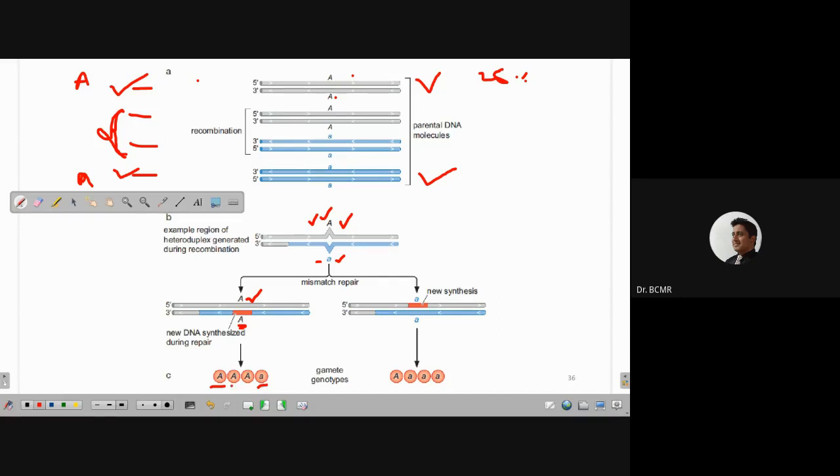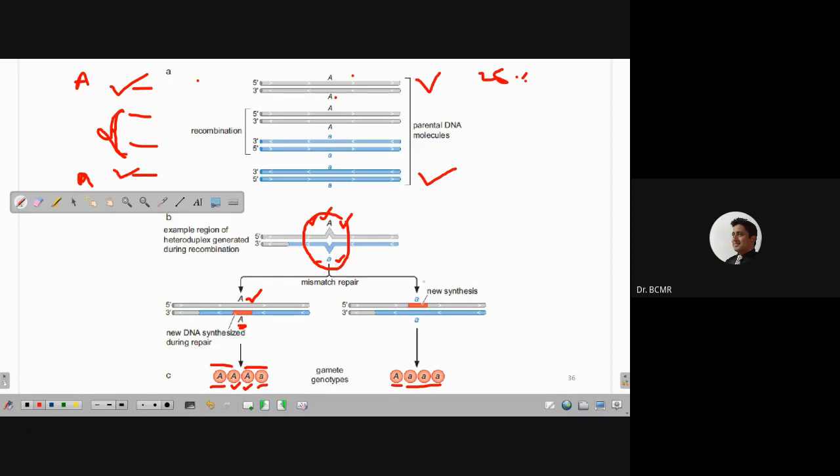And if they were repaired, what you are getting is two more capital A's. What would you normally expect? You would expect two capital A and two small a. But that's not what is going to happen. You will either get three capital A's and one small a, or three small a's and one capital A. And what will happen depends on the probability of which heteroduplex is being repaired by mismatch repair.